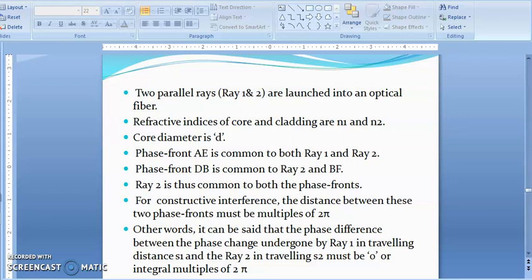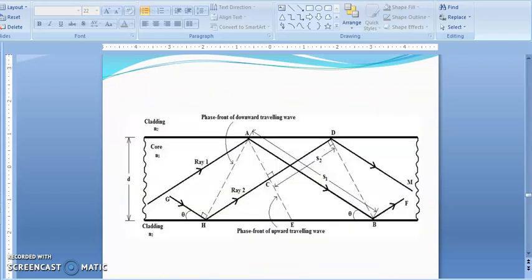The phase front or wave front. What is wave front or phase front? Locus of points having the same state of vibration is called phase front. So, this wave front AE, see, this is your phase front.